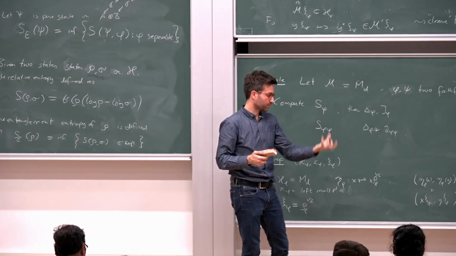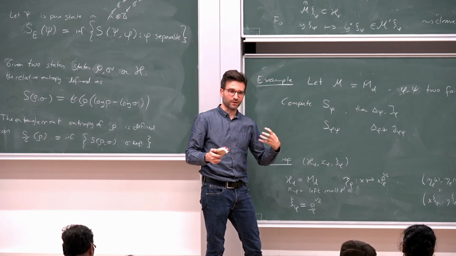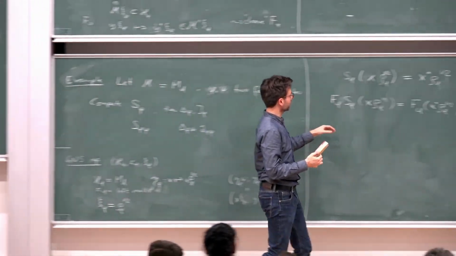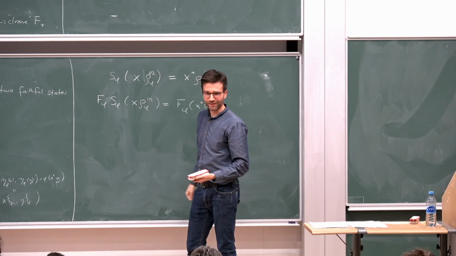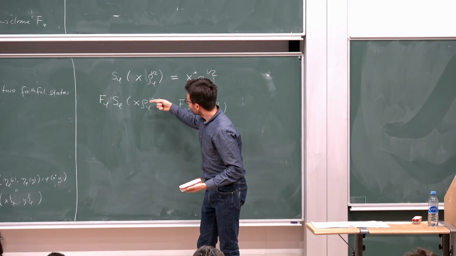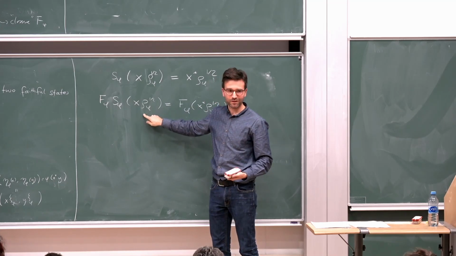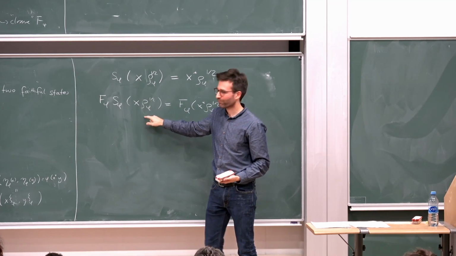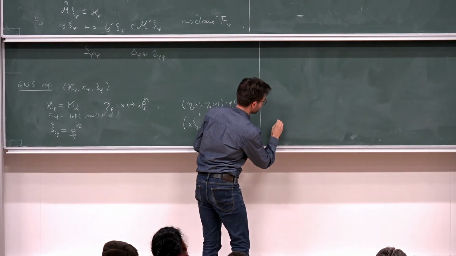And so it must act in some way, and it acts actually by multiplication from the other side. So it acts by multiplication from the right on this cyclic separating vector. If we write that down, what does F do?